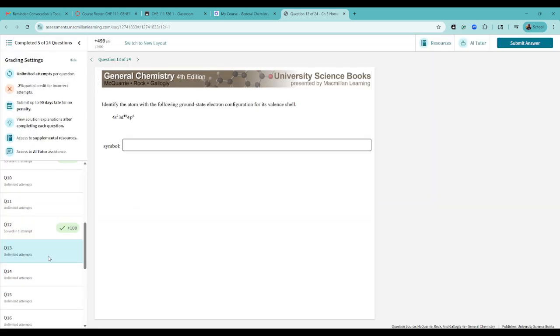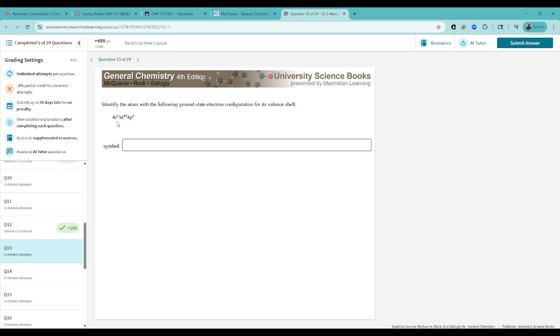Going the other way, I'm going to look at 13 real quick. Based on this valence shell, this outermost level, what is the element? So 4s2, that's row 4, goes 2 elements in, 3d10, that's 10 more elements in, 4p6, so a total of 18 elements across.